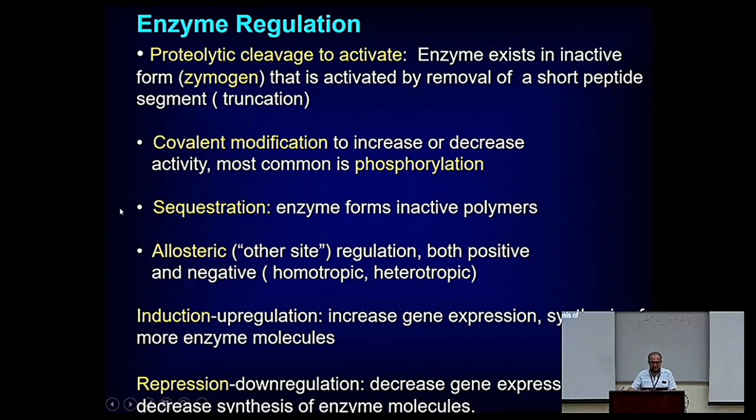The fourth type here, allosteric regulation, is absolutely very important. Allosteric regulation is where a small molecule, typically again an organic molecule, that is distinct from the substrate for that enzyme, binds to the enzyme at a site distinct from the substrate binding site.